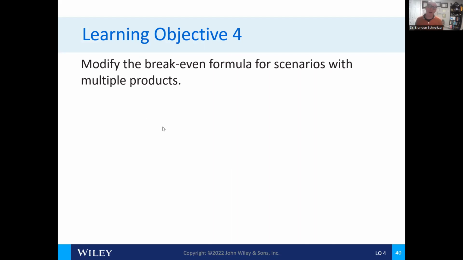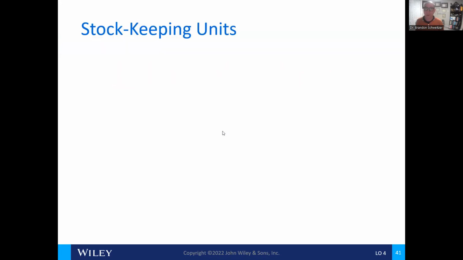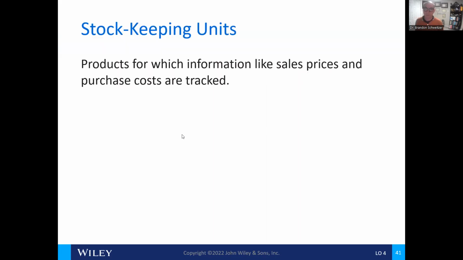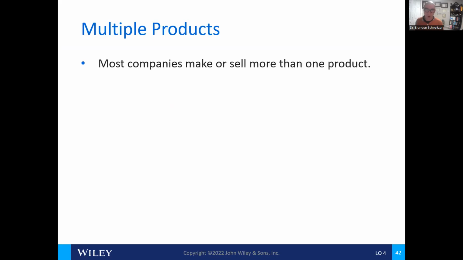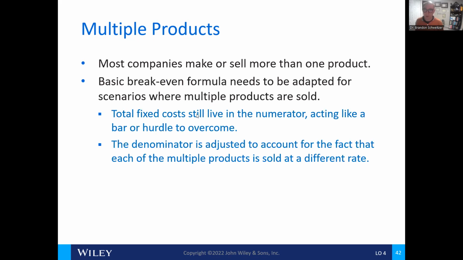What happens when the break-even changes, or we have multiple products in our product mix? Products may have changes in sales price or changes in cost, and those are also tracked. When we have multiple products to consider, of course, we need to calculate the break-even on a per product basis, but also the product mix.